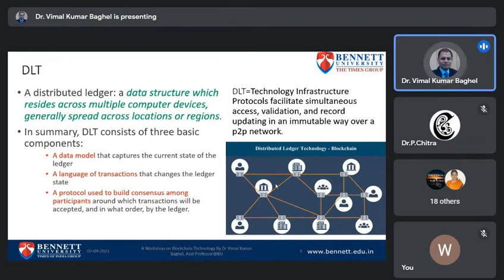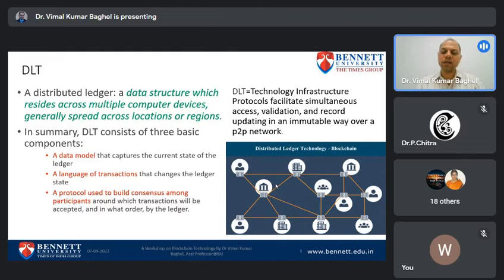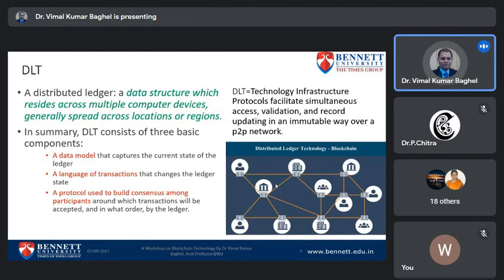So a distributed ledger is a data structure which is spread across multiple devices, and these devices are spread across the geographies. So this DLT is basically a technology infrastructure and protocols that facilitate simultaneous access, validation, and record updating in an immutable way over a peer-to-peer network.